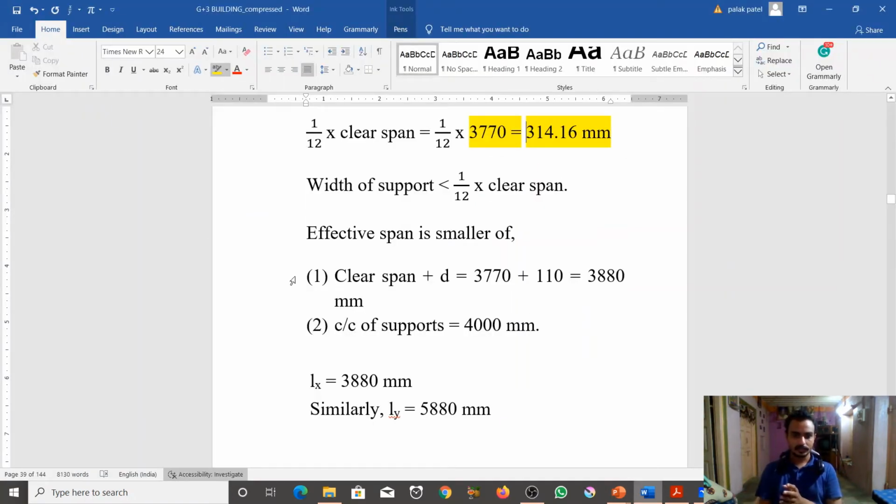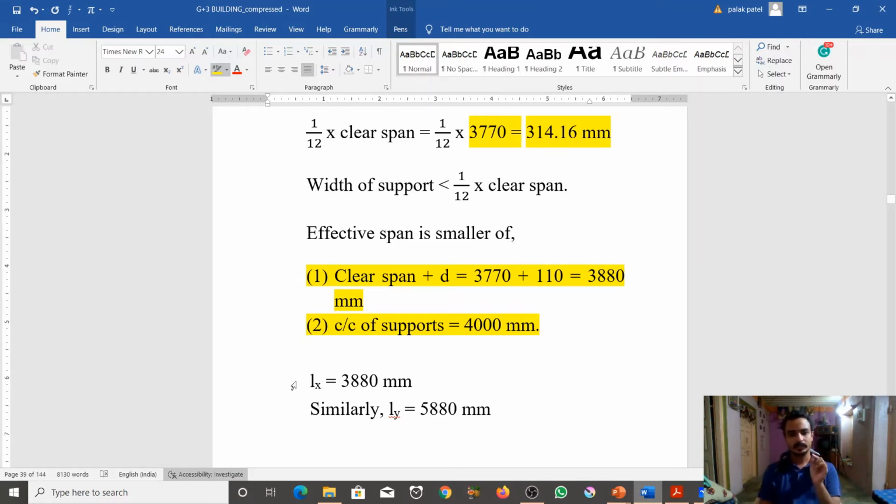First, clear span plus effective depth: 3770 plus 110. So it is 3880 mm. Second, center to center of support is 4000 mm, as given. Whichever is less, we take it.